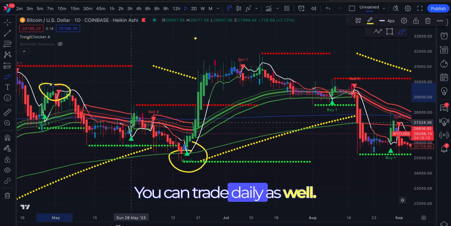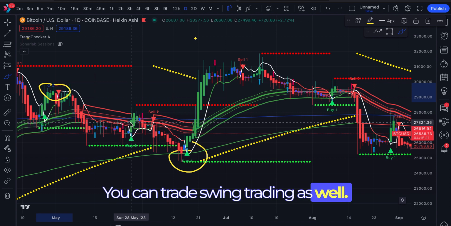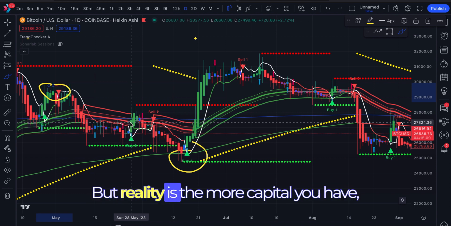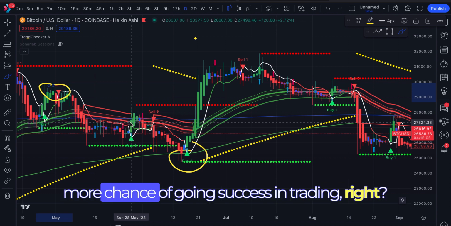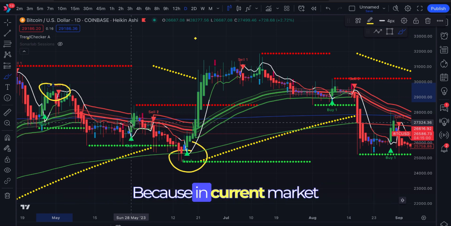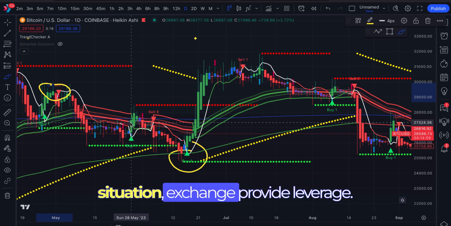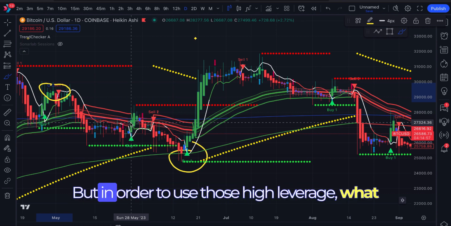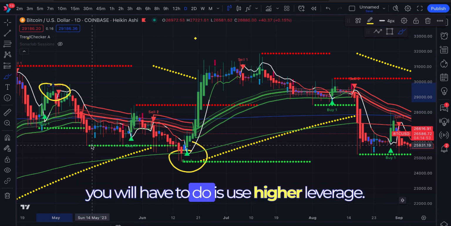You can trade daily as well, you can do swing trading as well, but the reality is the more capital you have, the more chance of success in trading, right? Because in the current market situation, exchanges provide leverage, but in order to make money with a small account you have to use higher leverage.